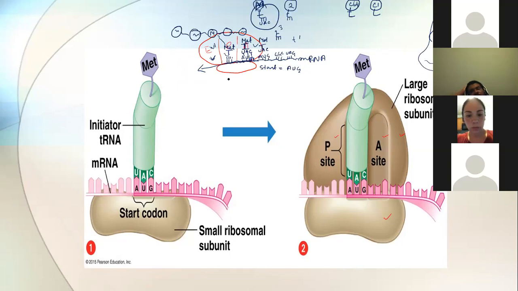Okay, so the AUG is always going to be the start codon. Always. Let's say this is a messenger RNA, and it has many different types of codons over here.